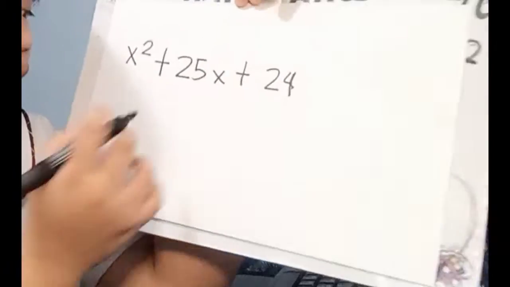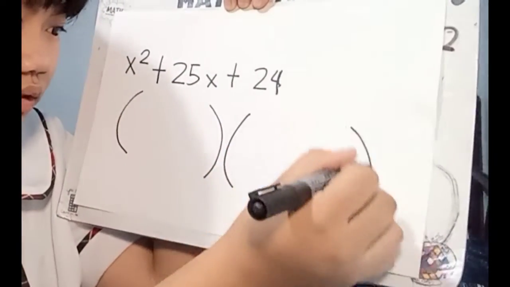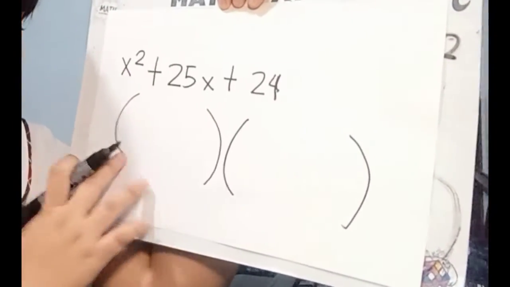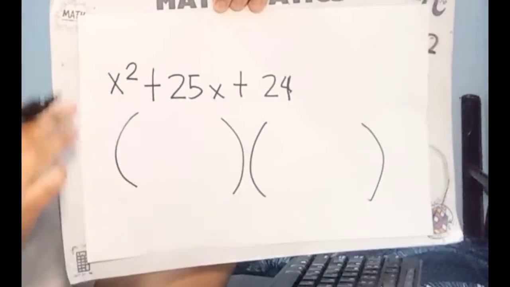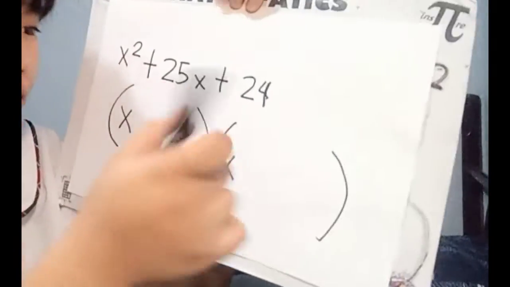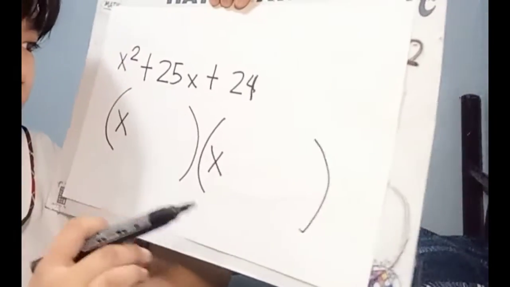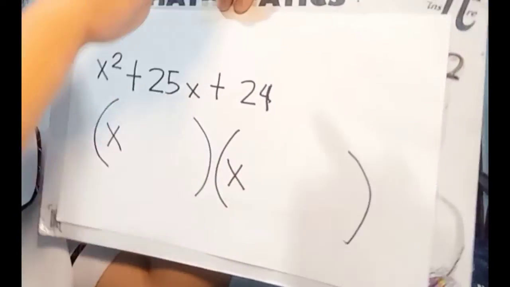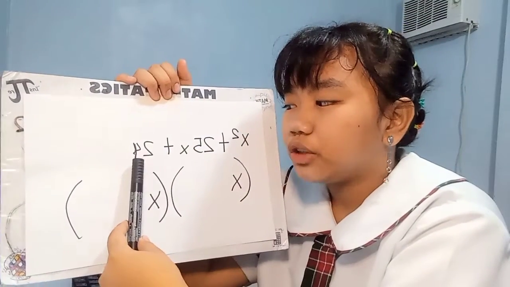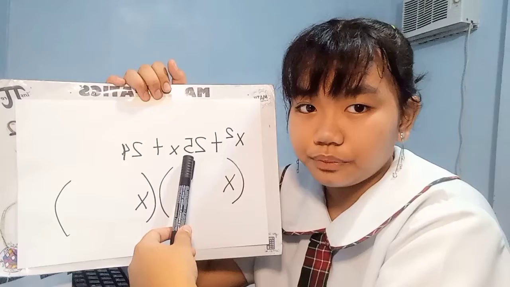What we're going to do is write again the two open and close parentheses. The first thing to do is find the square root again of the first term, which is x. After we find the square root of x squared, we're now on here. For the last term, kailangan mo mag-isip ng factor ni 24 na kapag plinas mo is equal sa middle term.